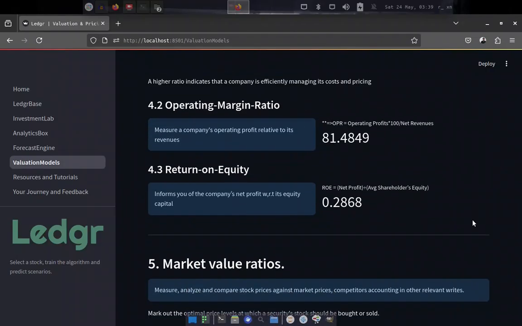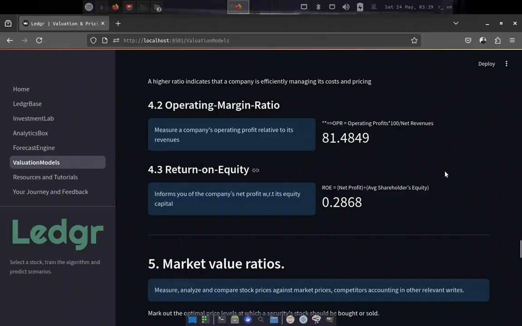81.4849 is quite good for this company. We can increase this, but there are also other interconnected factors which might affect this as well.